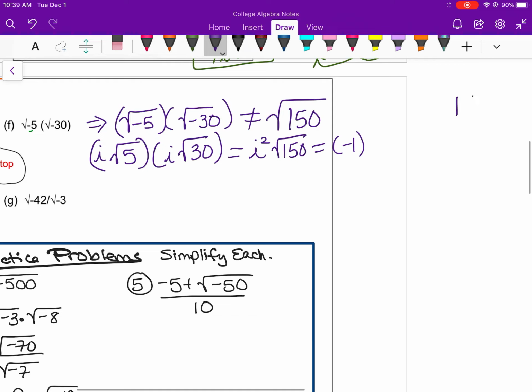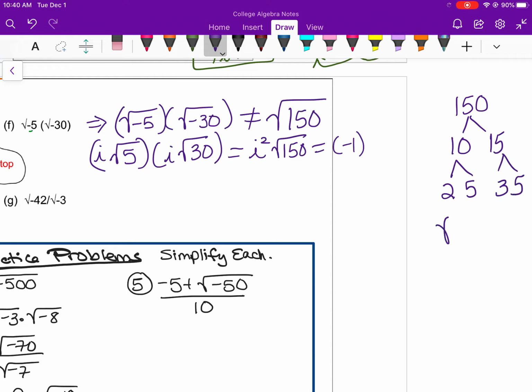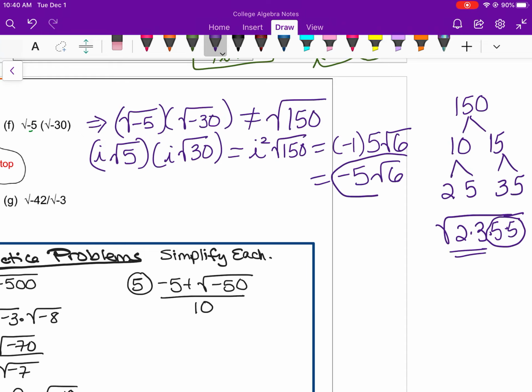And then the square root of 150, if I break it down, I can divide it by 10. Two times 3 times 5 times 5. There's a pair of 5s coming out. So I will have 5 radical 6. The 6 is from here. So negative 5 radical 6.